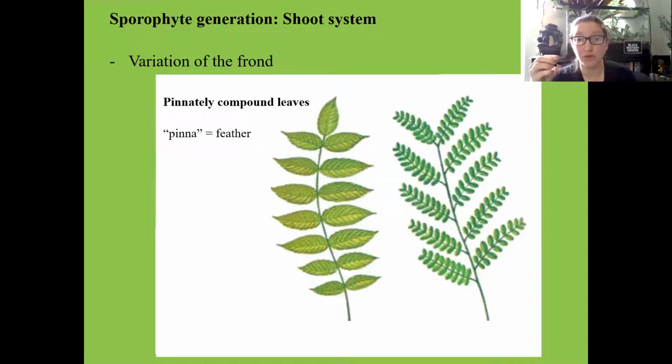These terms are really useful if you're walking around somewhere, anywhere, and you see a plant that you just think is so beautiful, and you really want to know the name of that plant because you want to grow it someday.